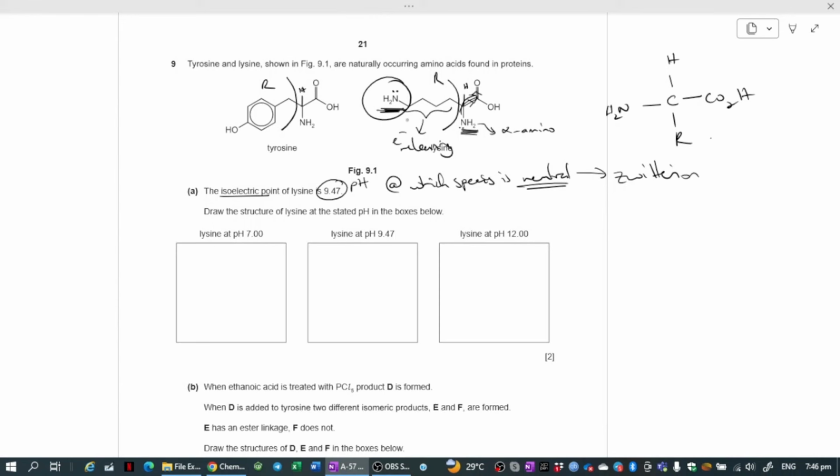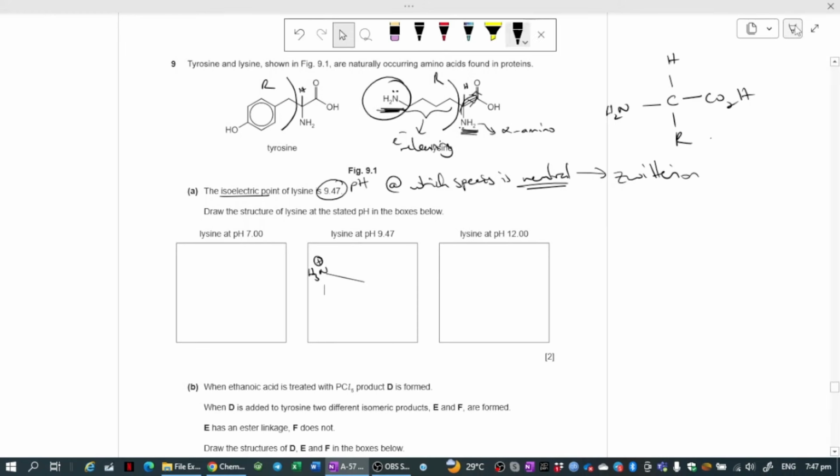So at pH 9.47, our structure would look like this. My bad. We would expect a structure like this.